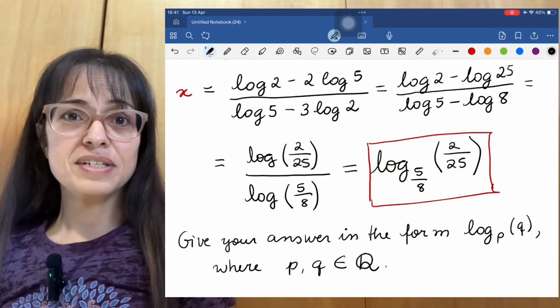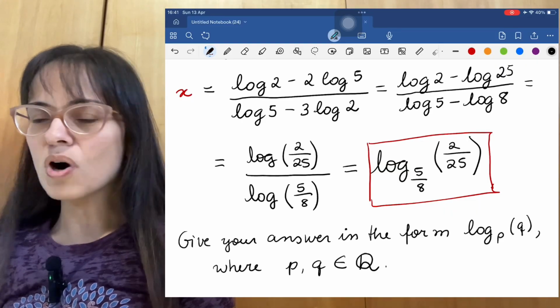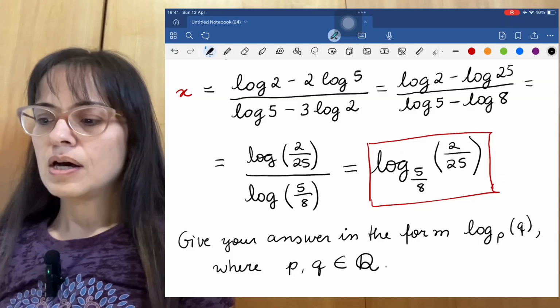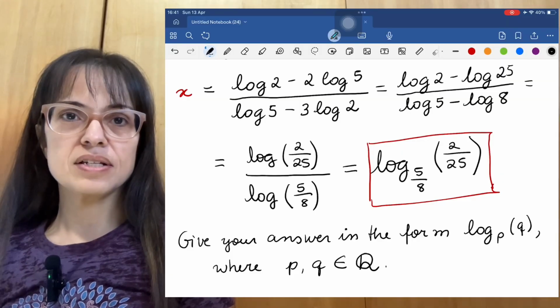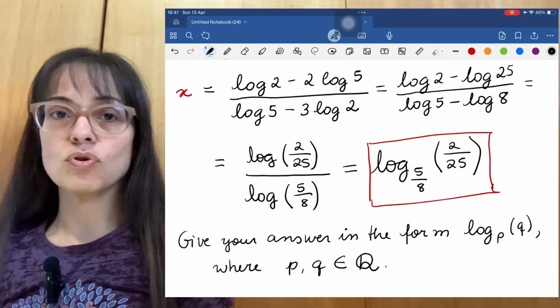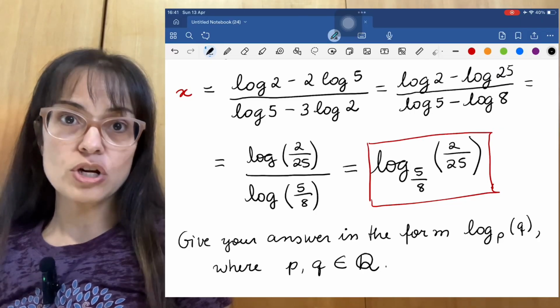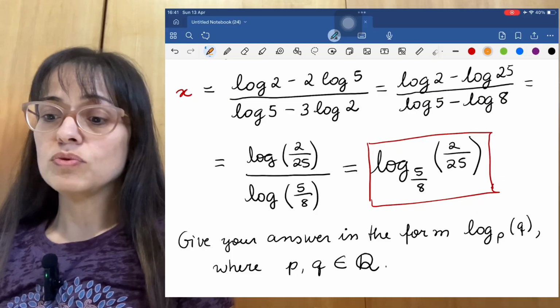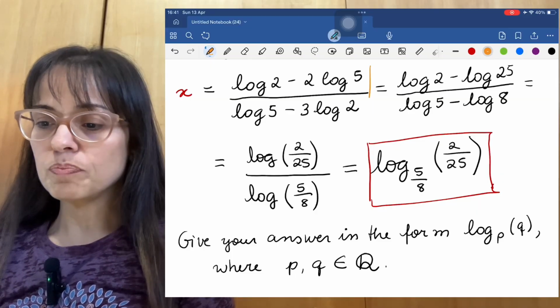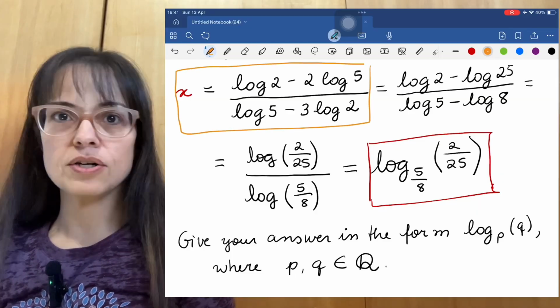Now, I've never actually seen this happen, but if they wanted you to do this specifically, then they would say something like this sentence that I wrote here now. Give your answer in the form log base p of q, where p and q are rational numbers. And if they don't do that, if they just say solve the equation, please stop here.